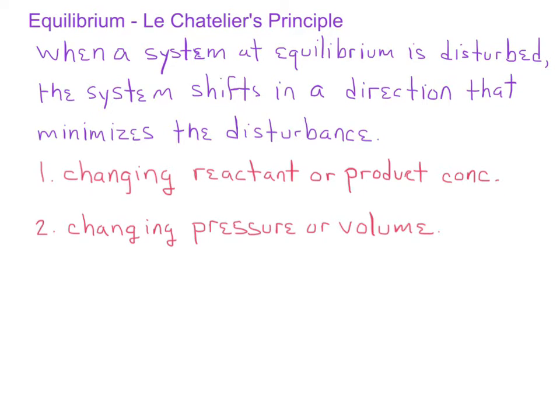The second disturbance we'll look at deals essentially with gas phase reactants or products, and that's what will happen if we change the pressure or volume of a system. The third disturbance, and the one that's really the most difficult to understand, is the disturbance of a change in temperature to a system at equilibrium.